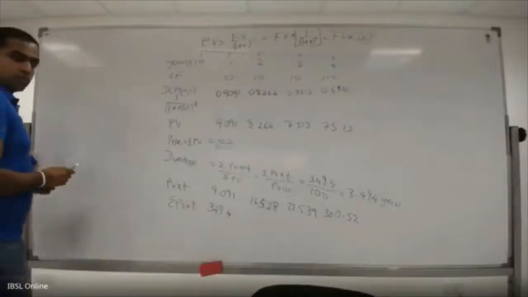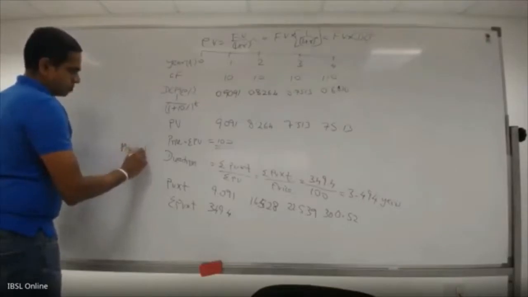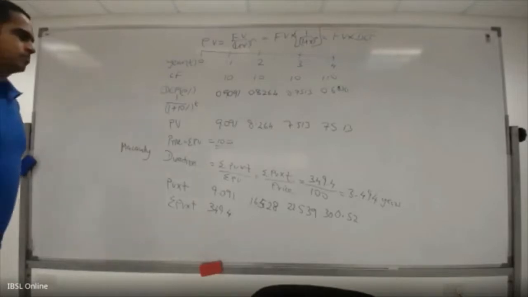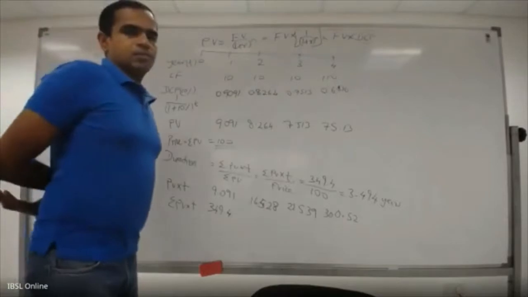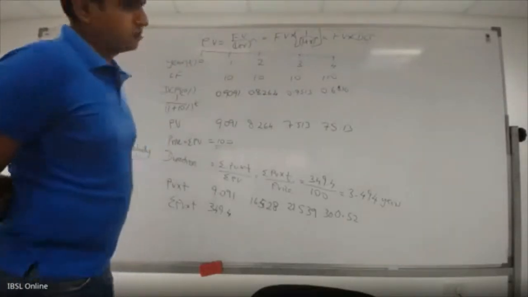Okay, so now this duration is specifically called Macaulay duration, or MAC duration. That means the weighted average maturity of a bond. Right, so Macaulay duration measures the weighted average maturity of this bond.